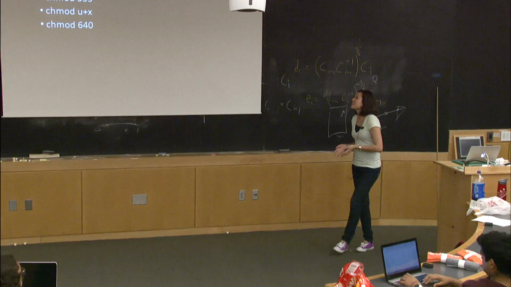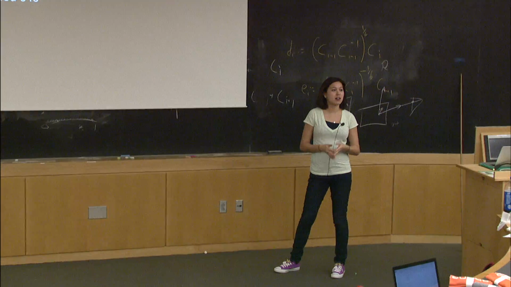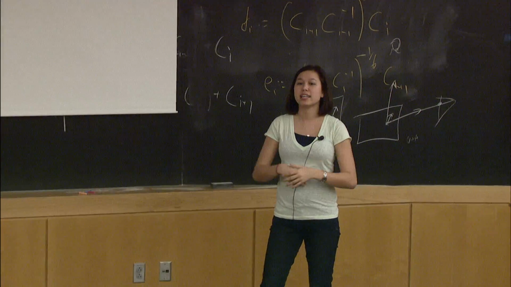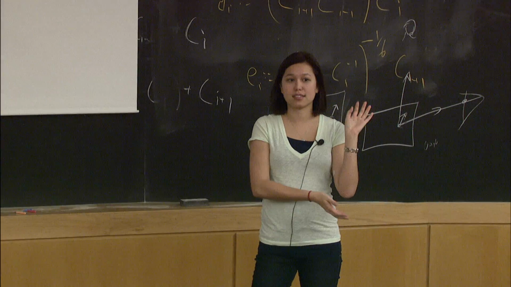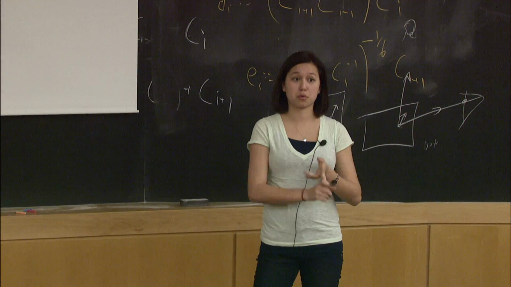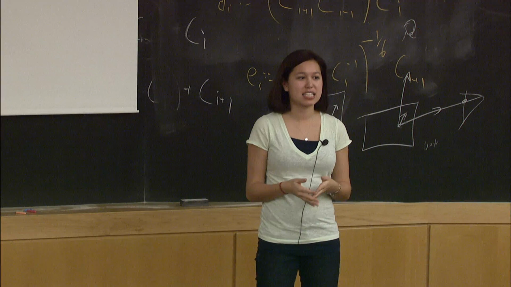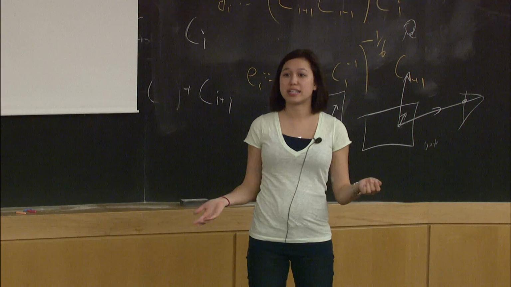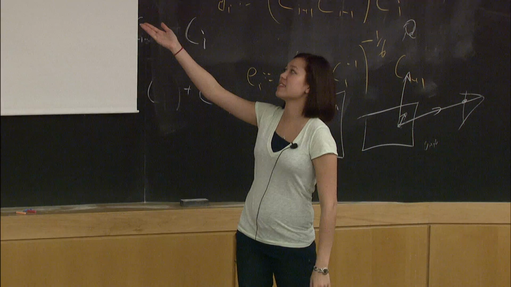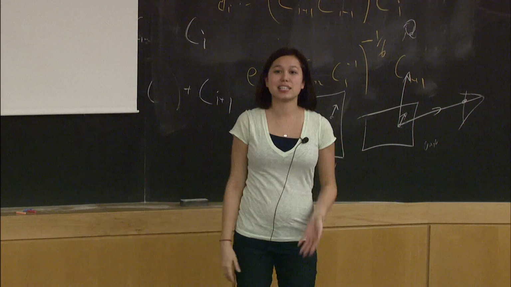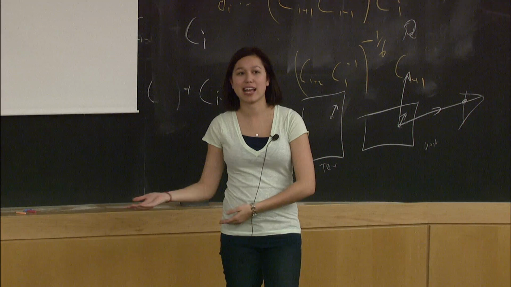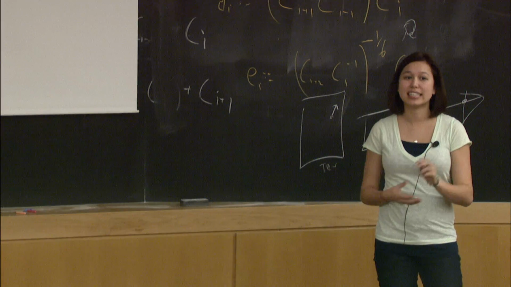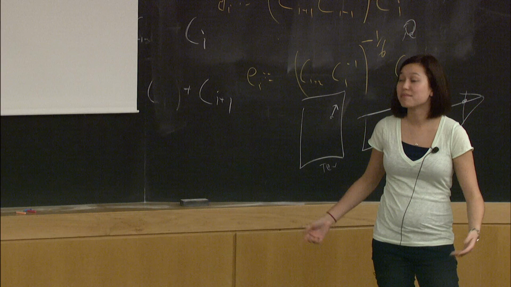Just to reiterate, 5 here is the sum of 4 and 1, because each number in our trio is the sum of the permissions for that subset: either the user, the group, or the world. So 5 has to be formed by 4 and 1, which correspond to readable and executable. We are giving it to everyone, so we can do chmod a plus rx. So now this file is executable and readable to everyone.